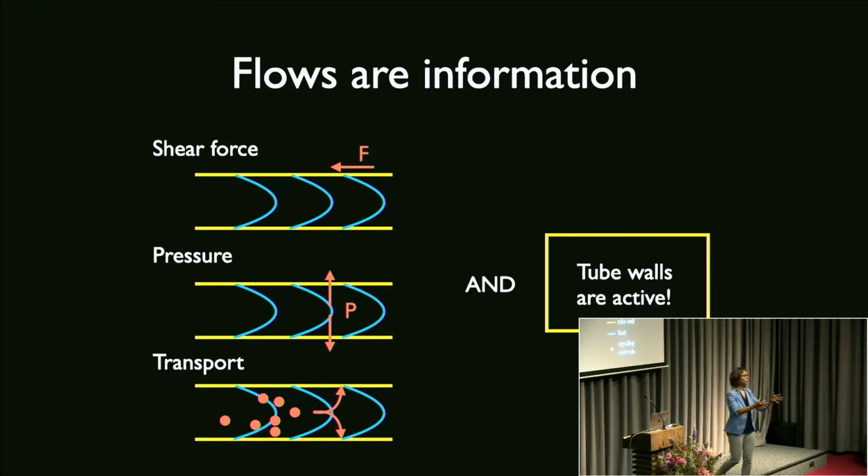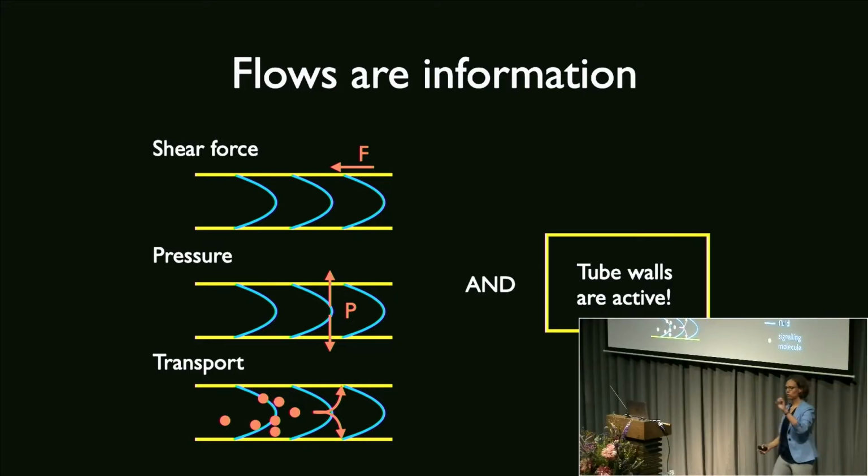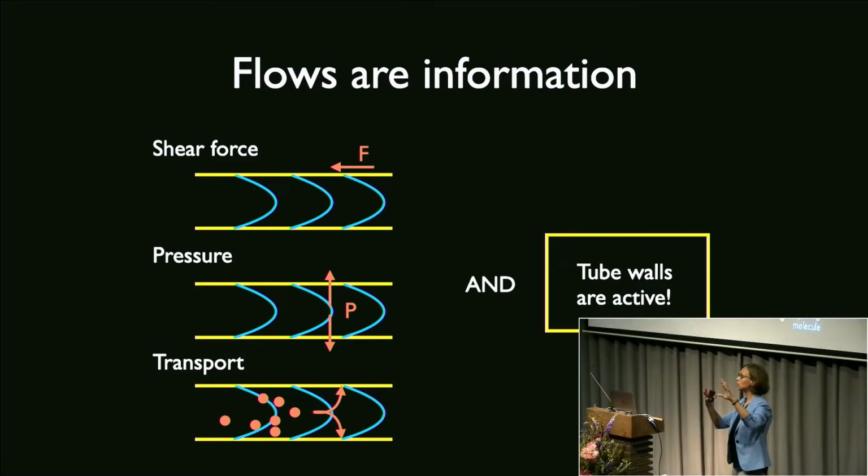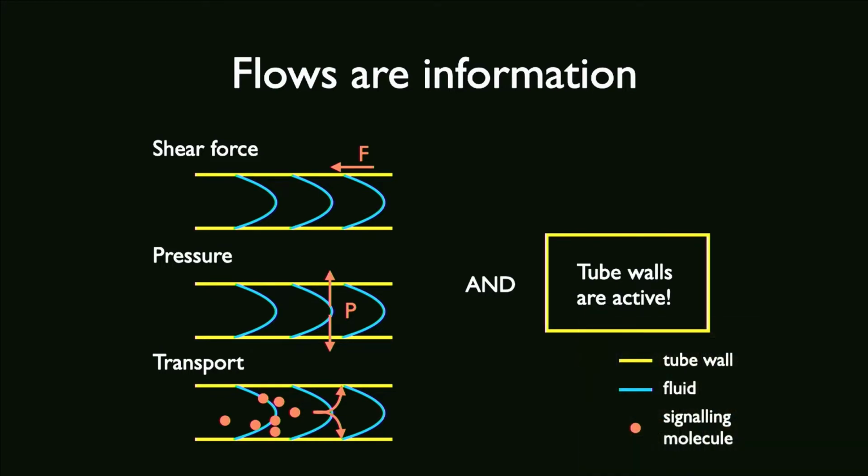And what does it mean? Let me zoom out into this network again. Say, in this whole network, we have a tube, and this tube gets signaling molecules that drive this tube to dilate. Now, because this tube got bigger, it's sucking in more fluid flow, which means that if this bigger tube is taking more flow, then the entire rest of the flow in the network is going to be rerouted, which also means that signaling molecules that would be transported with the fluid flow would be routed to different parts of the network.